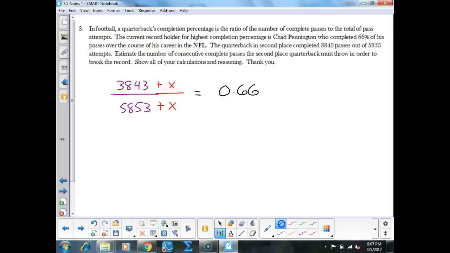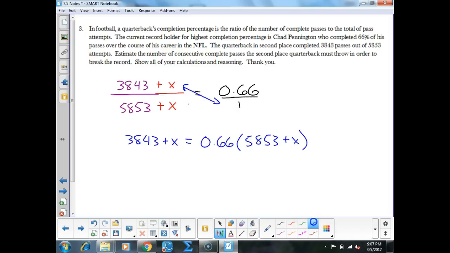Again, I can cross multiply here because that's over 1. And so then I can go with 3843 plus x equals, that's this one, equals 0.66 times 5853 plus x. That's the second one in my cross. Crisscross applesauce. Okay.